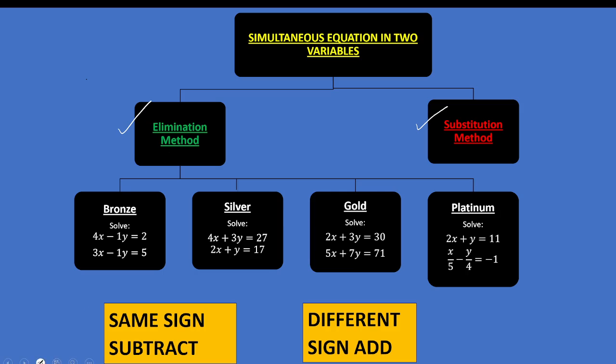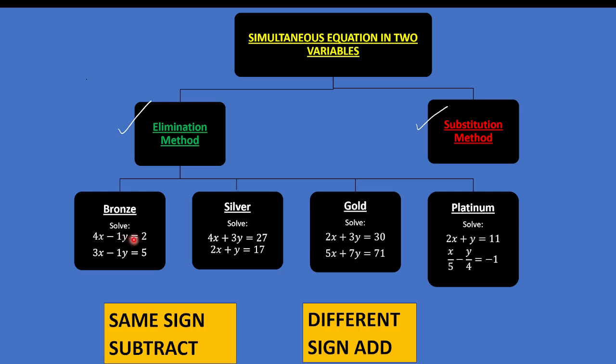In the elimination method, I segregated the questions into four different categories. I named those categories. The simplest category is the bronze category, in which the terms are always equal, they are the same.